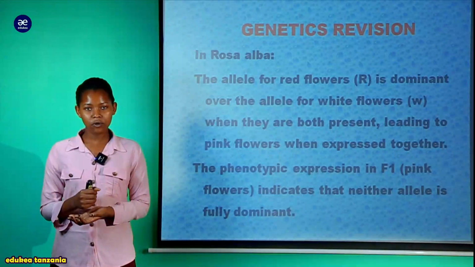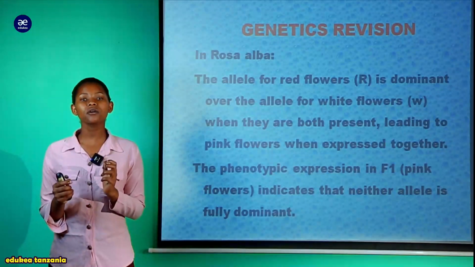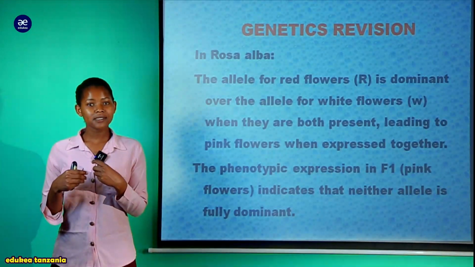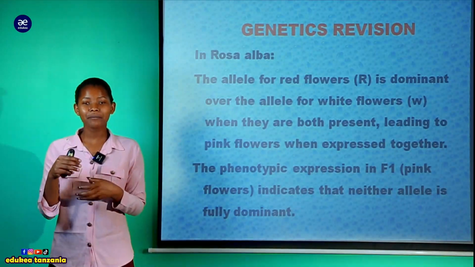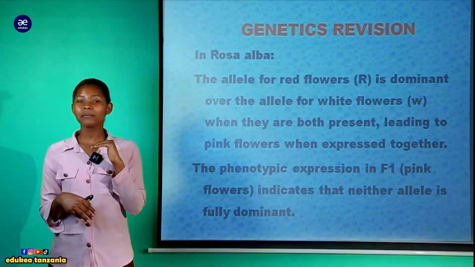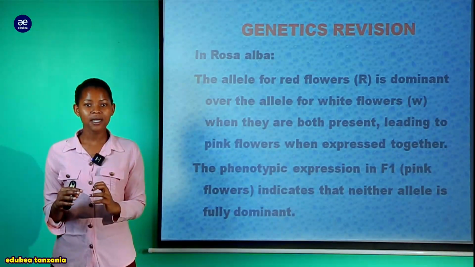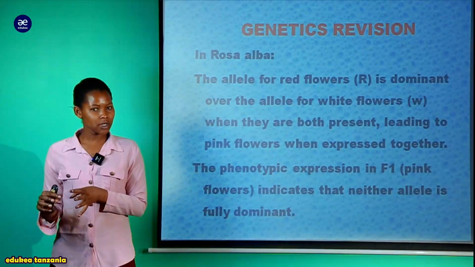That is complete dominance. And when we talk about incomplete dominance, it means kwamba the resulting offspring, labda kuna offspring ambaye yuko pale katikati, hajawa mrefu kama baba wala hajawa mfupi kama mama, yuko katika height ya katikati. That is incomplete. Hajachukua trait ya wote.